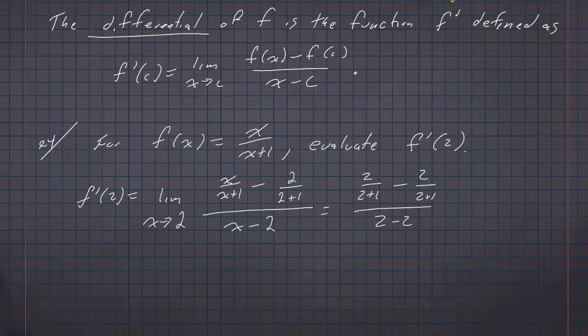And we have a fraction minus itself, which is 0, over 2 minus 2, which is clearly 0. So instead, we're going to look for ways of reducing this fraction and hope that we can remove this indeterminate point.